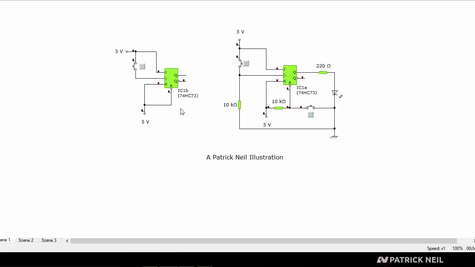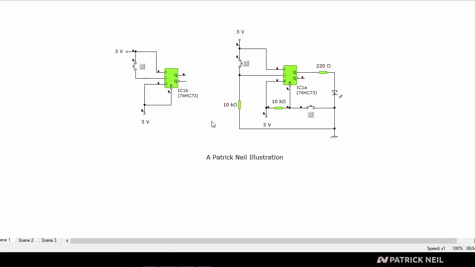Now this flip-flop will react because it's low and then the input goes high. Just like that. Now, had it been the other way around, where this input is normally high and then I go low, nothing would happen.